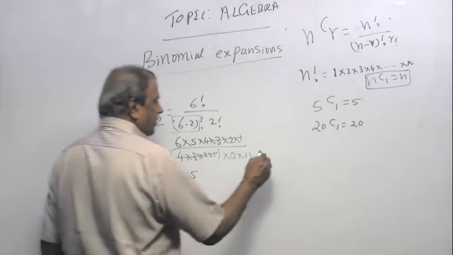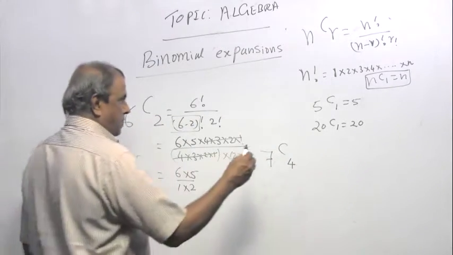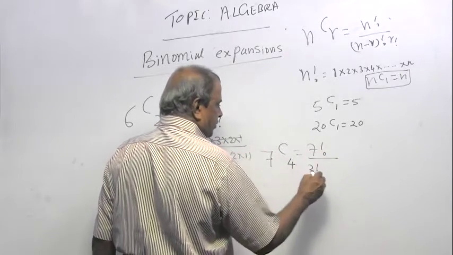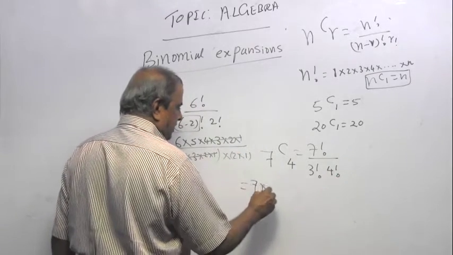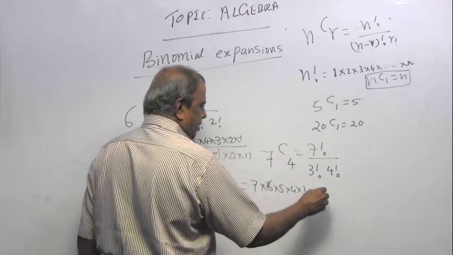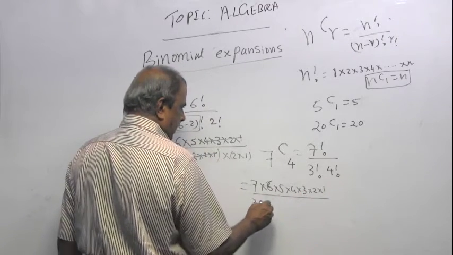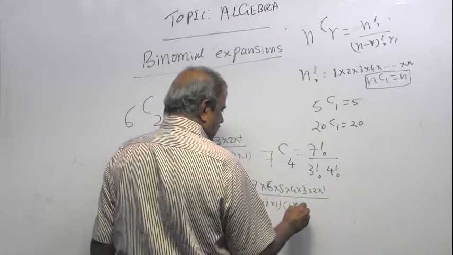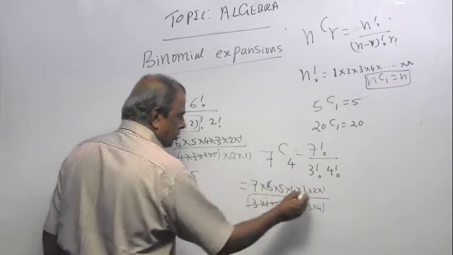If it was 7C4, same: 7 factorial over (7 minus 4) factorial, which is 3 factorial, and 4 factorial, which is 7, 6, 5, 4, 3, 2, 1 divided by 3, 2, 1 multiplied by 1, 2, 3, 4. I'll only cancel this because I'm looking at the pattern.